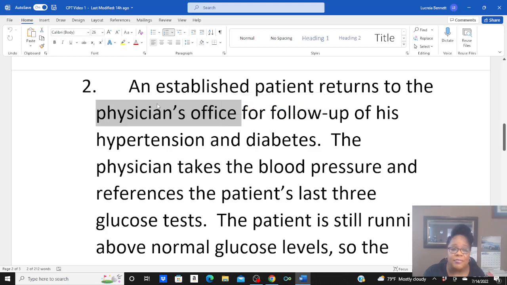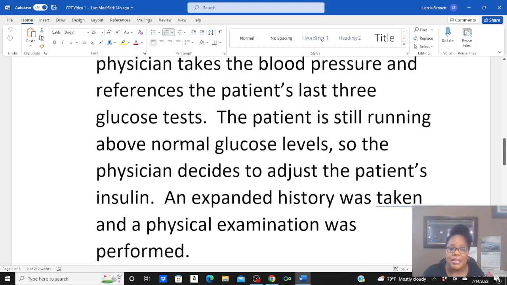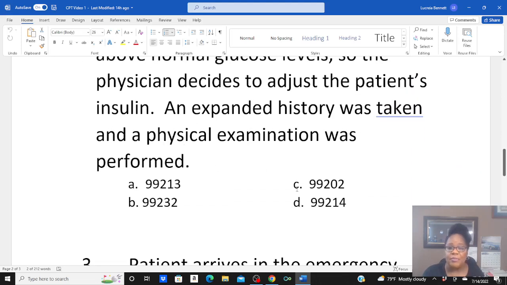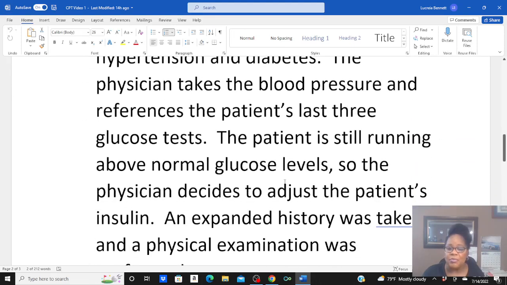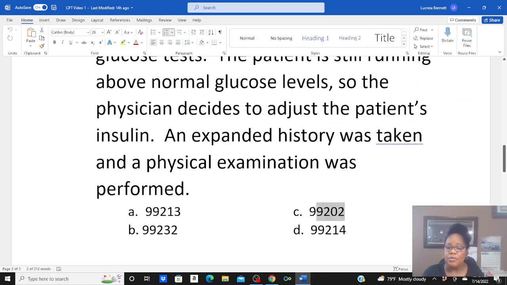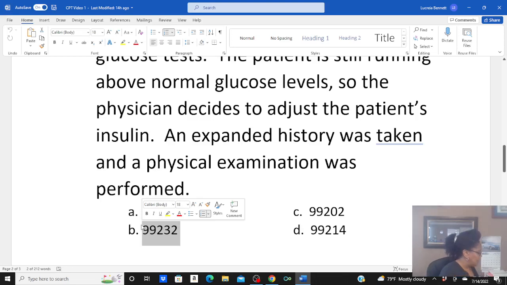You know that you're in the physician's office. So looking at these codes down here, based on what we know, this was an established patient. Well, we know that 202 is a new patient. 213 can be an established. 214 is established. 232 is not even a physician office visit. Let's see what 232 is.